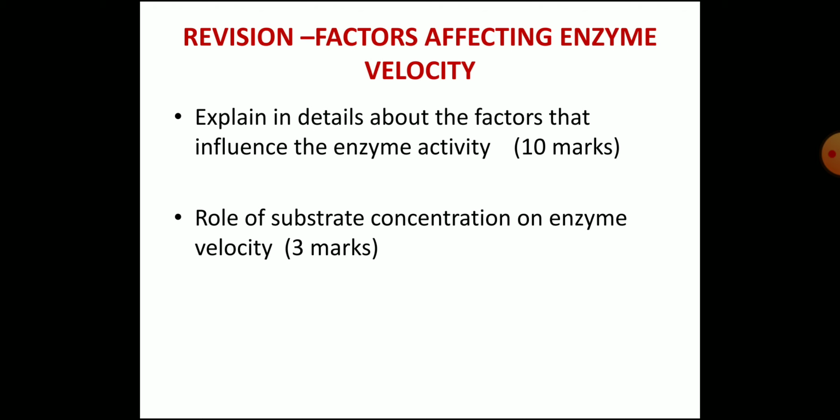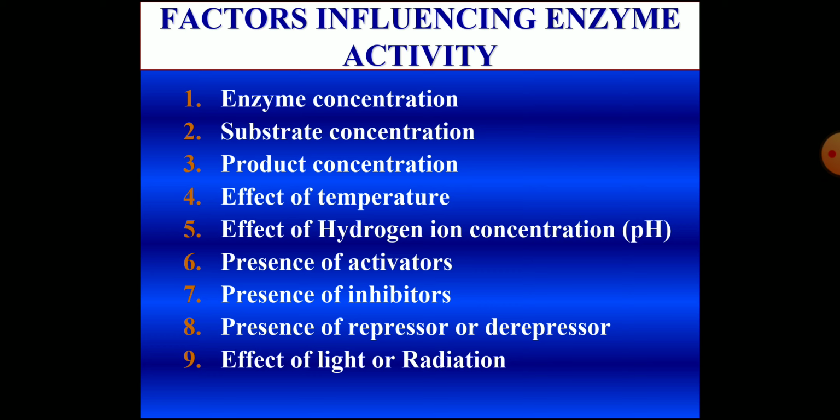Okay. Now how will you write the essay? So you have to mention the factors influencing the enzyme activity, enumerate them. That is, one is the enzyme concentration, second is substrate concentration, product concentration, effective temperature, effective hydrogen ion concentration, that is pH, then presence of activators or inhibitors, and presence of repressor or de-repressor, and the effect of light or radiation.